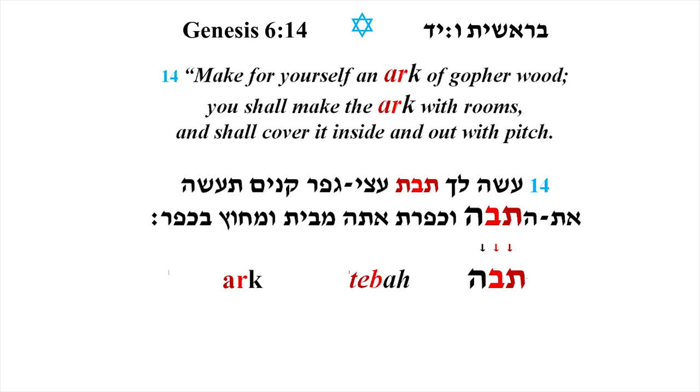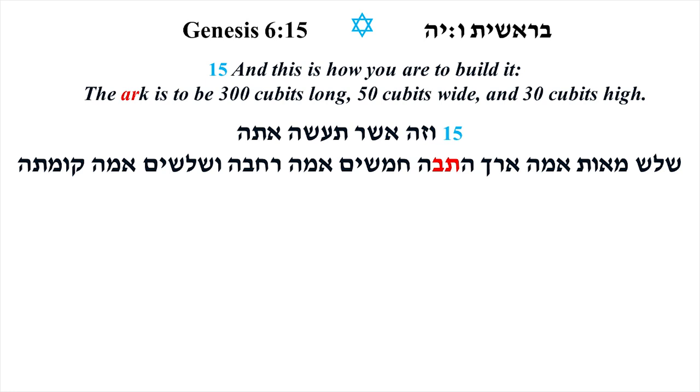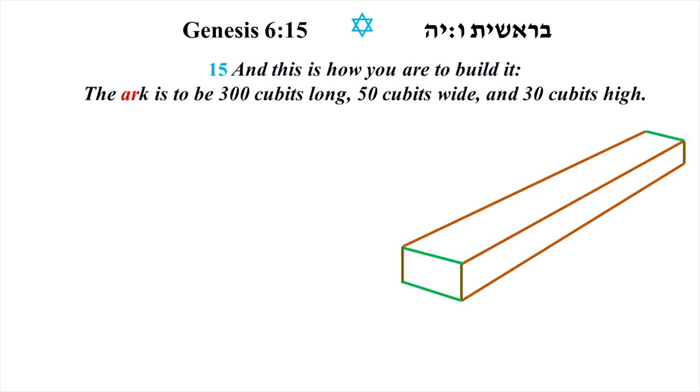That word for ark is tabah. And this is how you are to build it. The ark is to be 300 cubits long, 50 cubits wide, and 30 cubits high. All right?